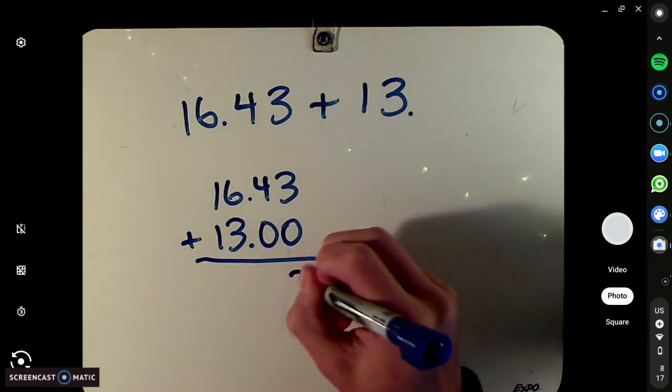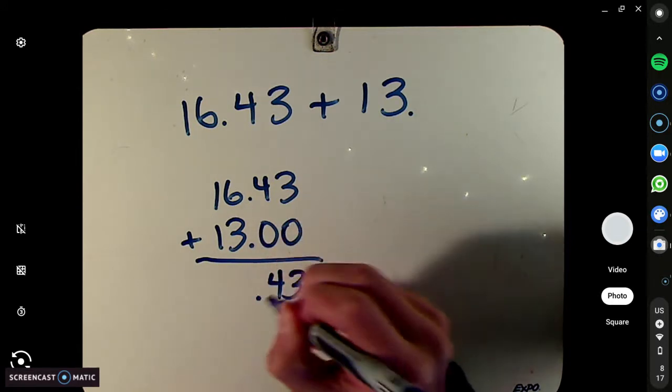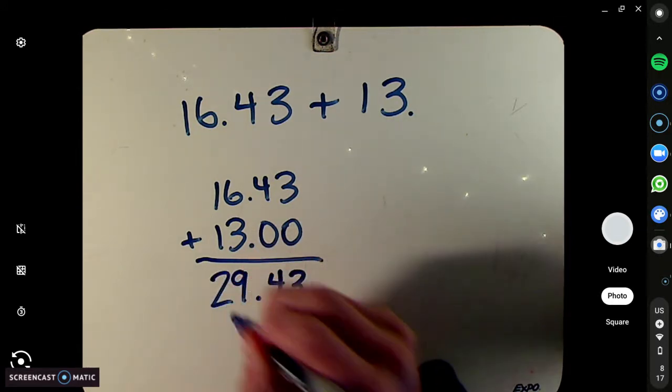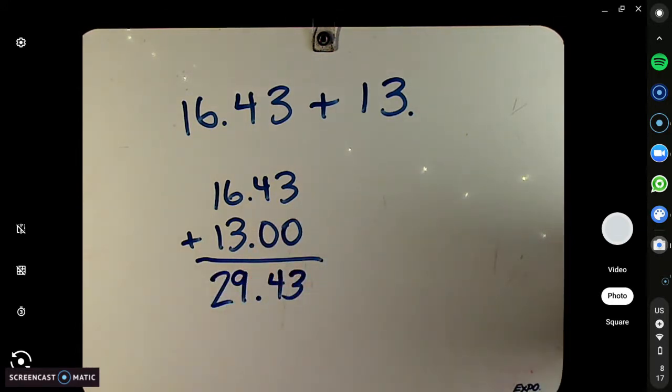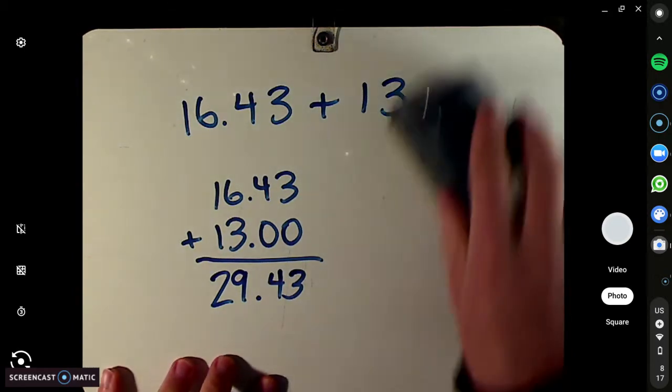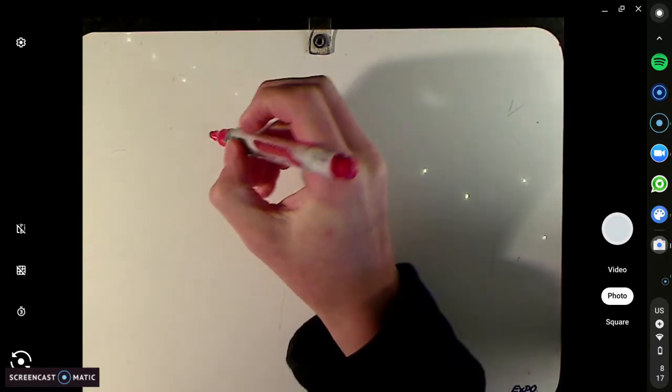Add normally. Keep the decimal point. Okay, and that makes sense. Okay, sorry, I lied before. We're going to do one last problem with addition here. Hopefully you're starting to see this pattern. It's a lot easier with decimals than with fractions, right?